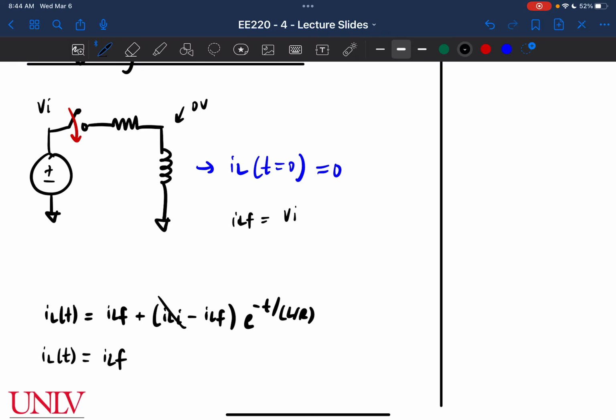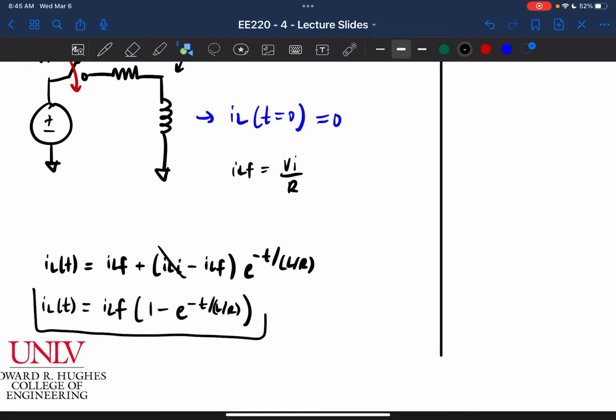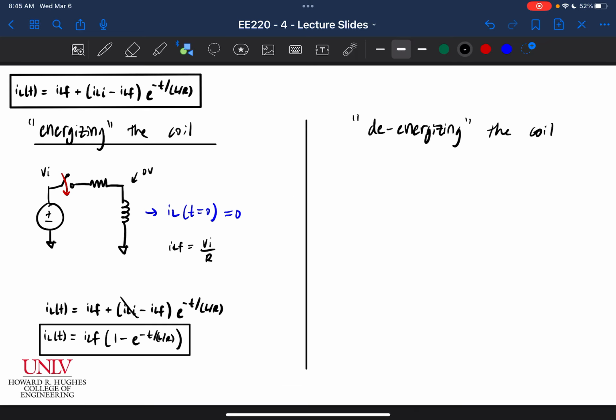But I'll just write it as ILF for now. I can factor out an ILF, and I get that ILF times 1 minus e to the minus t over L over R is going to be my expression for the energizing of the coil case, okay?